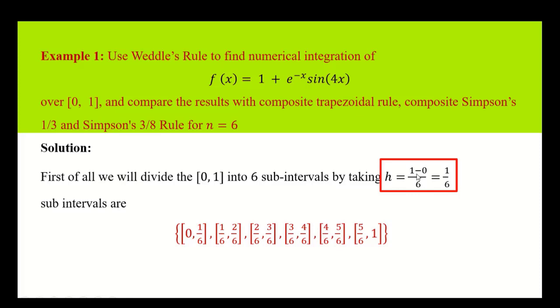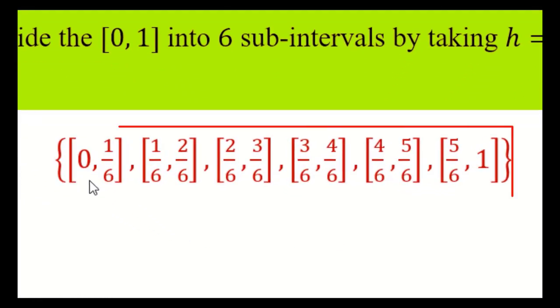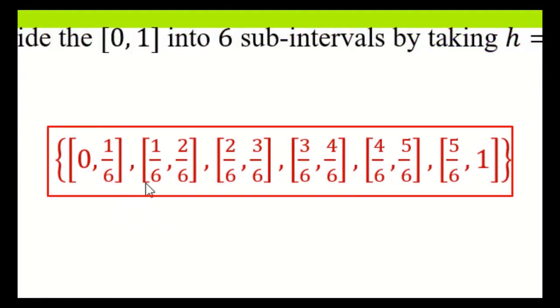So here you can see that b is 1, a is 0 and n is equal to 6. So here h is equal to 1 by 6. So this is the width of the subintervals. So 6 subintervals having the width 1 by 6: 0 to 1 by 6, 1 by 6 to 2 by 6 and so on up to 5 by 6 to 1.